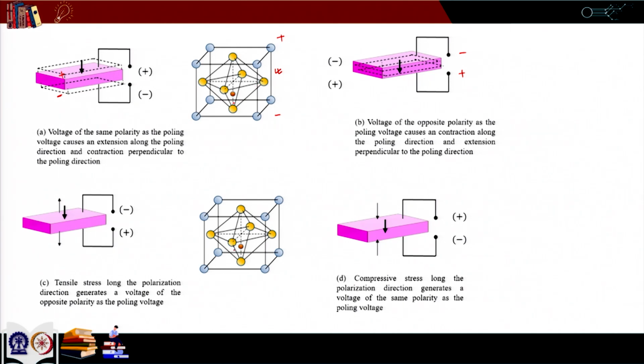Now, for the direct effect, again assume that the polarization is from positive to negative, which means the titanium is at the lower side.